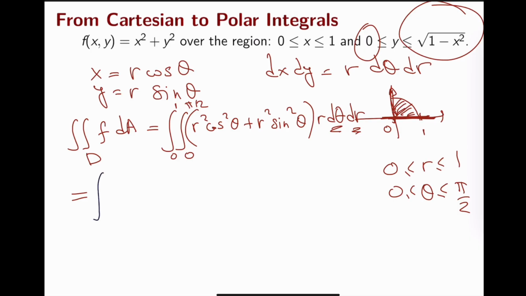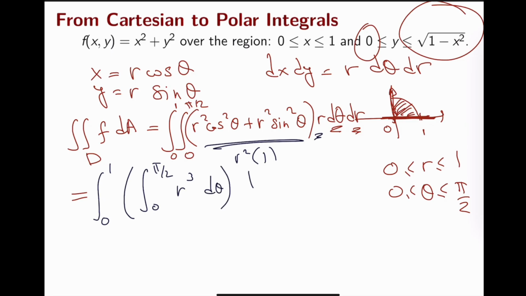So the integral between 0 and 1, we leave it for the end, and we are going to do the integral between 0 and pi half. We do the operations here, so we can see that this is r squared times cosine squared plus sine squared, so the whole thing is just r squared. Multiplied by this other r is just r cubed here.